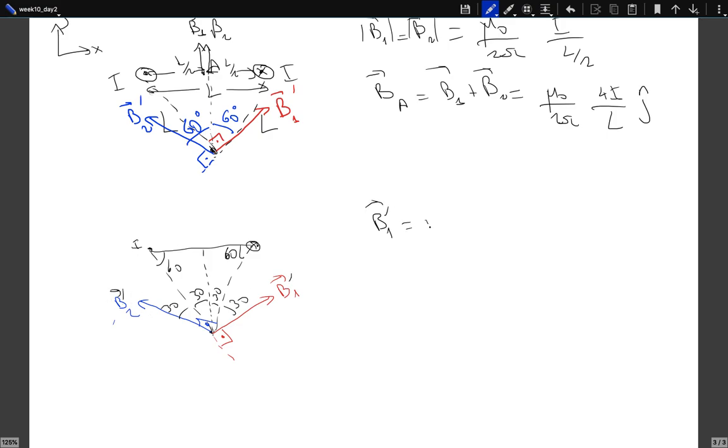B1 prime is equal to B2 prime. They are created by the same current, of the same magnitude I, and their distance is the same. So their magnitudes are both mu0 over 2 pi I over L.